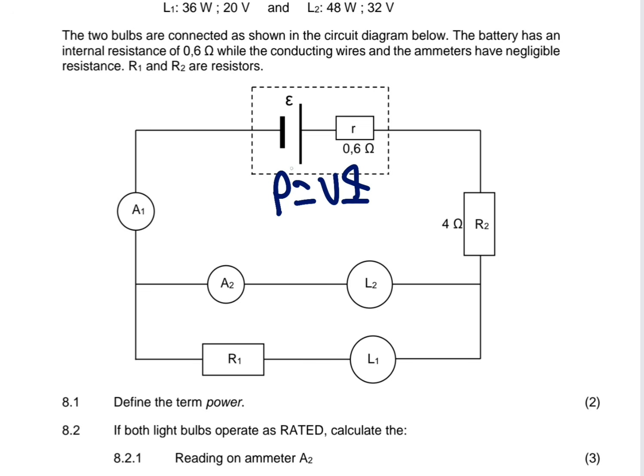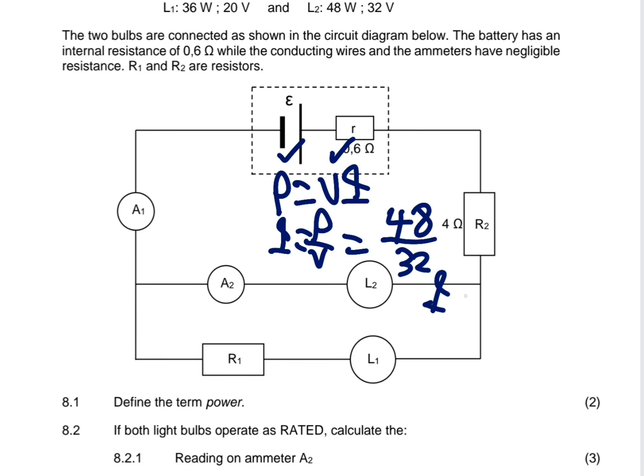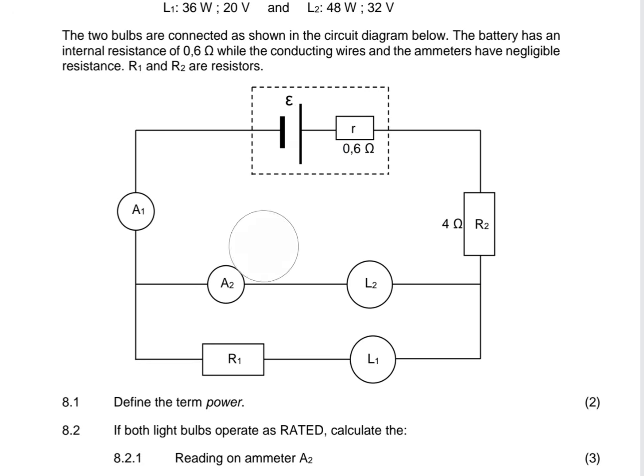Because we have power and we have voltage, we can find I. So I will be P over V, which is 48 divided by 32, and that gives us 1,5 amperes. So then we know that here we have 1,5 amperes of current flowing through A2.